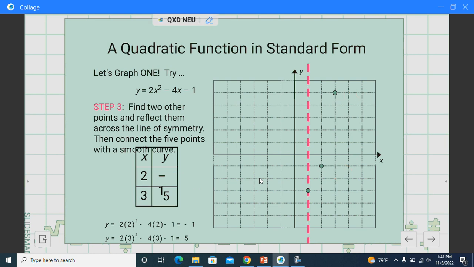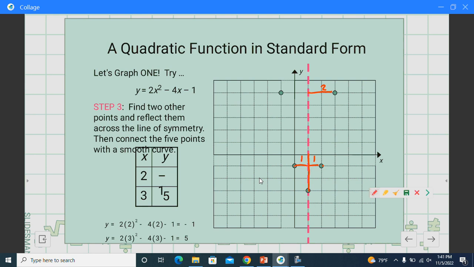So, are we done? We're not yet done. The parabola has not been properly plotted yet. What are we going to do? Find two other points and reflect them. Since this is the line of symmetry, the reflected points have the same value of y, at a distance of 1 and 2 from the line of symmetry.